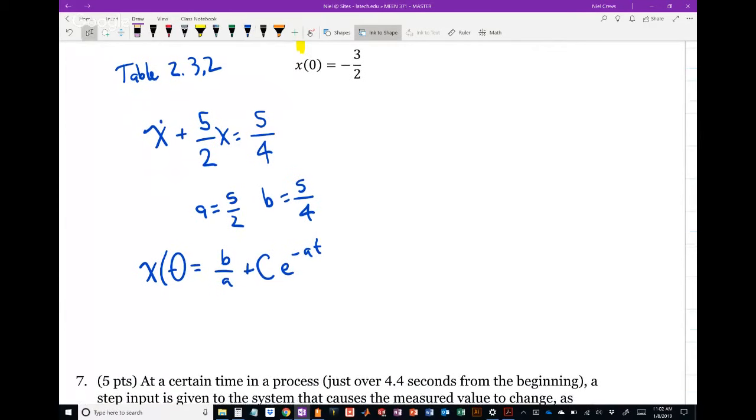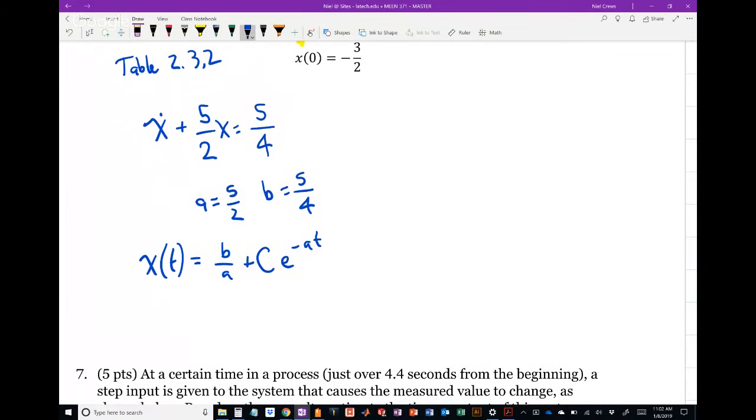So x of t is going to be b over a, so this is going to be 1/2, just using our a and b from up here, plus c e to the negative 2.5 t. All right, that's a right here, 2.5.